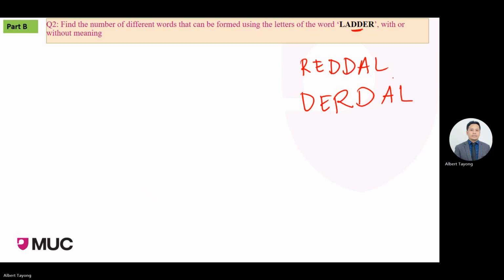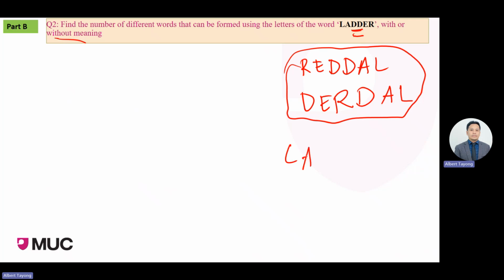An example of that is REDDAL, or it can be DER, then D again here, then we have AL. Even if the words have no meanings, we still count them because with or without meaning, we are just rearranging. Now, if you're going to look at DD here, you have LADDER.